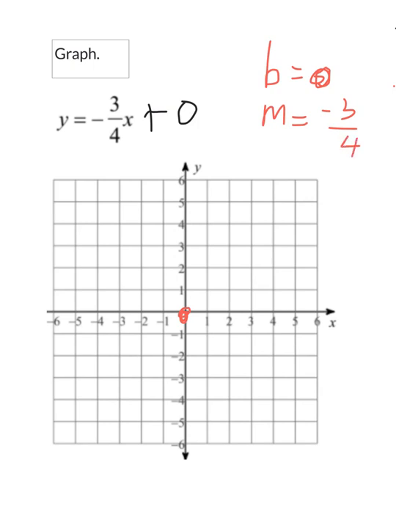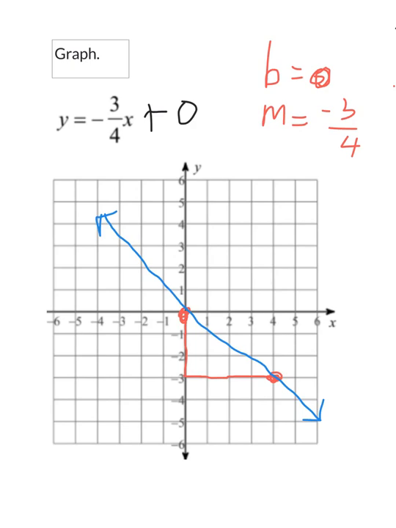So from the y-intercept, I go down 3 and I go over 4. And I get my second ordered pair. Now I have 2 points and I can graph. This is y equals negative 3/4 x. Pretty nice.